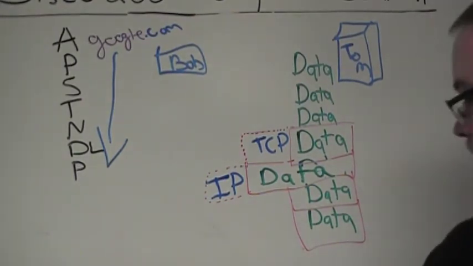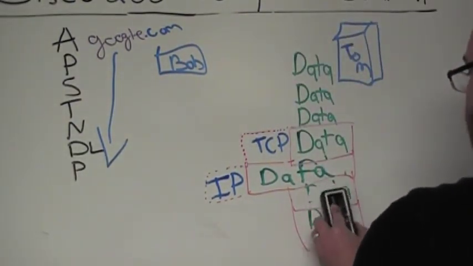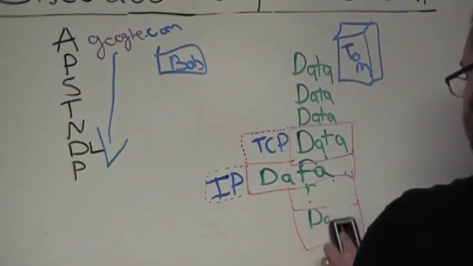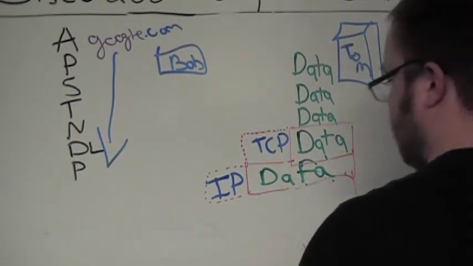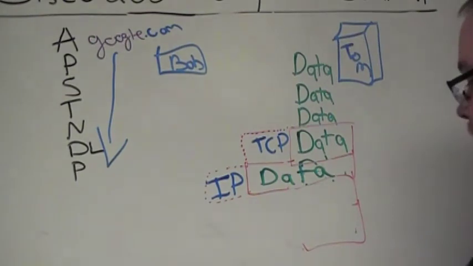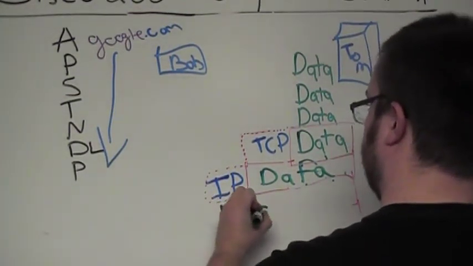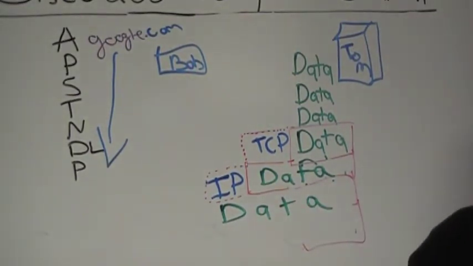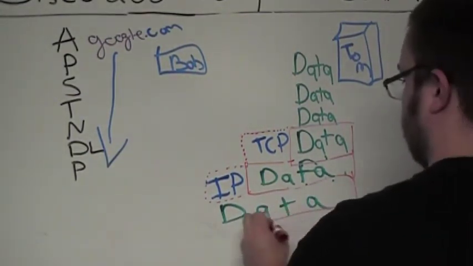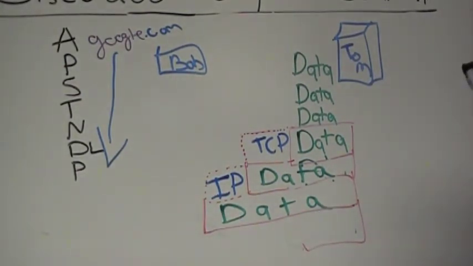Alright, so next, you're probably following along now with how this is going to flow. So we'll remove these next few. We'll go ahead and input data again. Data. Okay. We'll go ahead and section that one off to match up with the IP level.